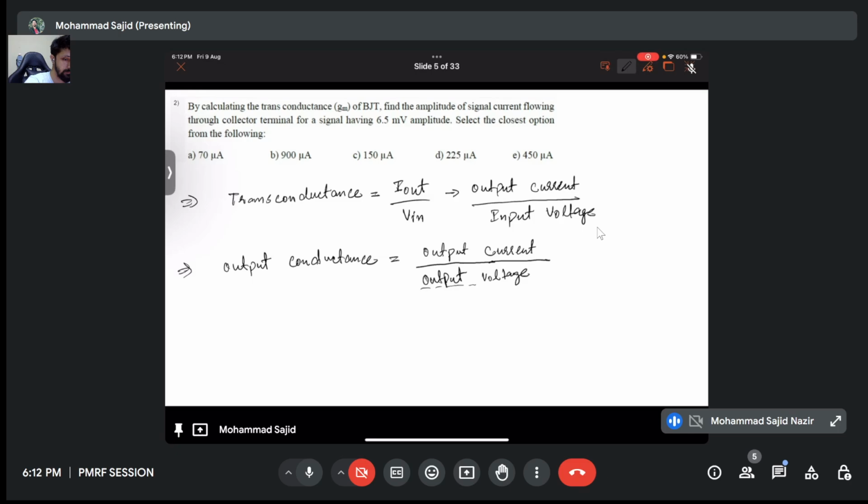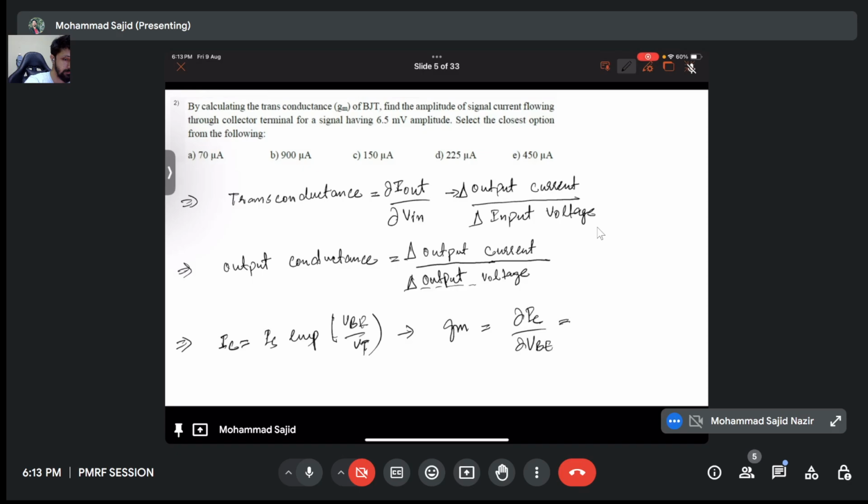Here we need to calculate GM. We know the collector current can be written as IS exponential of VBE by VT. Now if we differentiate it, actually this is transconductance: change in output current by change in input voltage. If the change is very small, then this is dIC by dVBE.